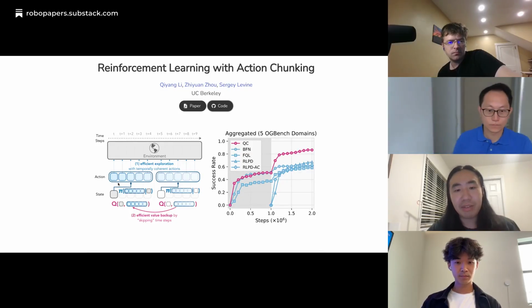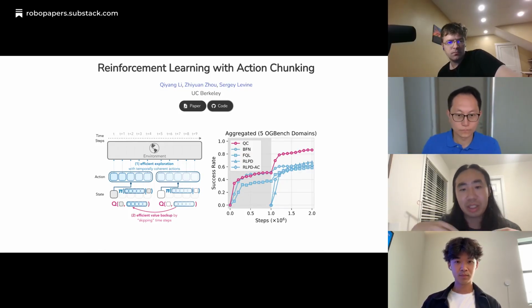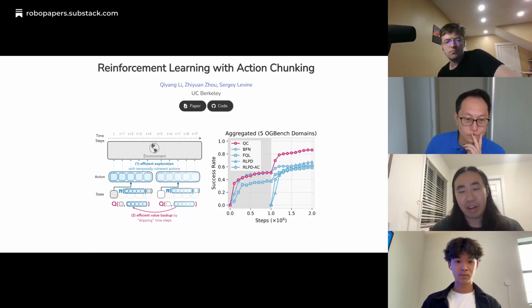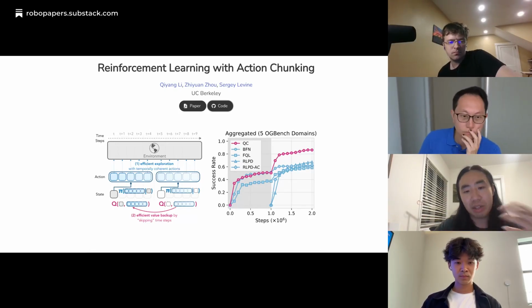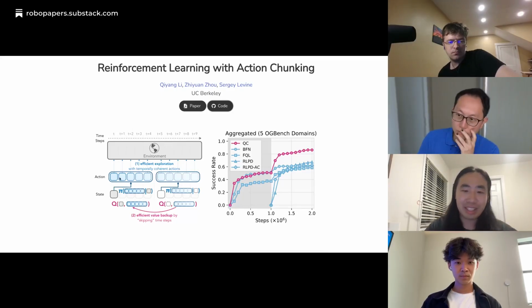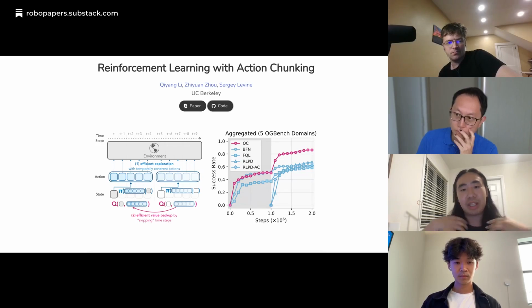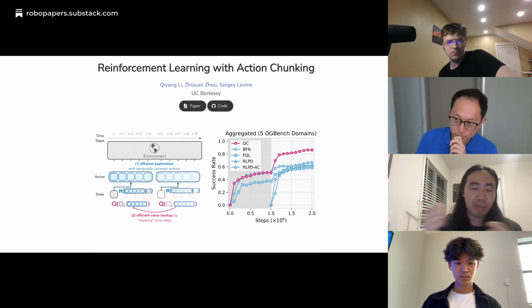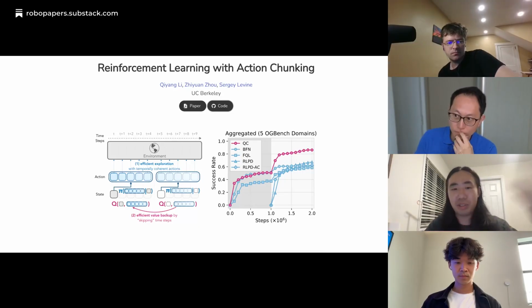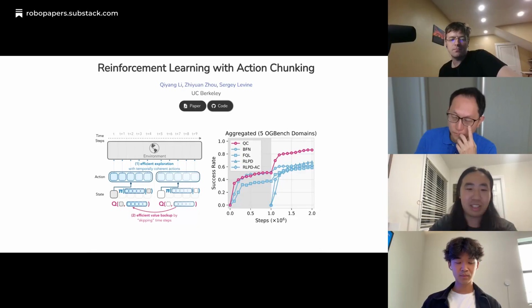This has the benefit of reducing the cognitive load of actually predicting everything at each time step. And it also has the benefit that it's temporally coherent, because you can predict everything at once and you don't run the risk of going back and forth between trying to go left and go right, because the entire action chunk is going in the same direction.